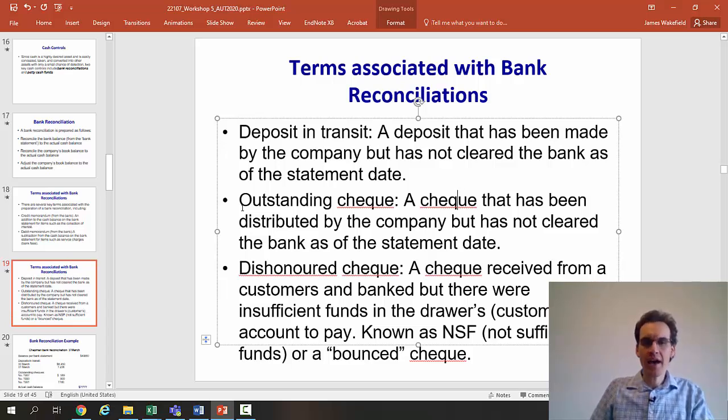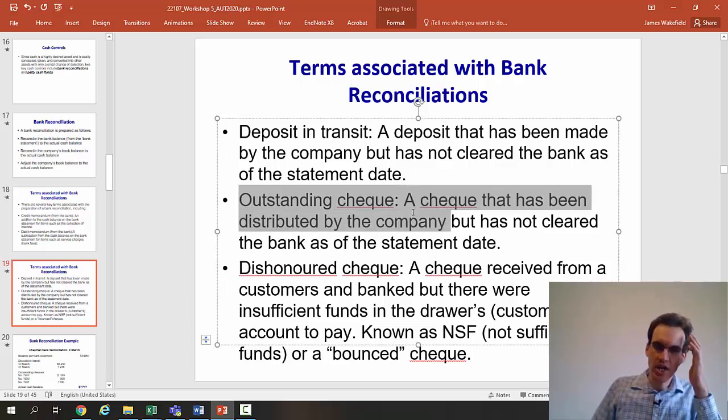We also have outstanding checks. An outstanding check is where we, as a business, distribute a check, but the company or organization we distributed it to has not cashed it out, essentially.